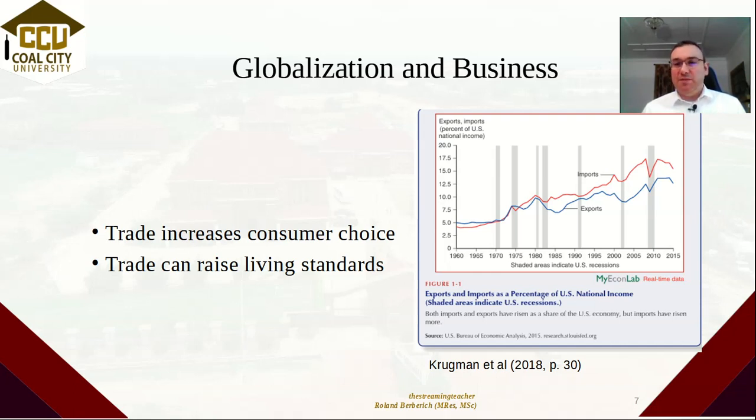So we can see this is a very important part of our national income. And by expanding our trade, we give consumers more choices to consume, and thus it can raise living standards.